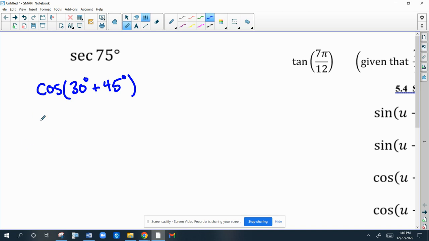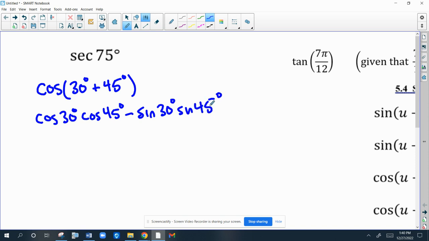So this would be cosine u, cosine v, then minus sine u, sine v. Now you refer to your unit circle. We know the cosine of 30 is root 3 over 2. Cosine of 45 is root 2 over 2.